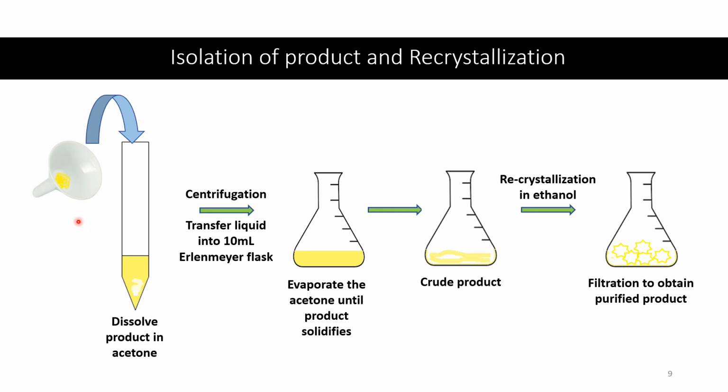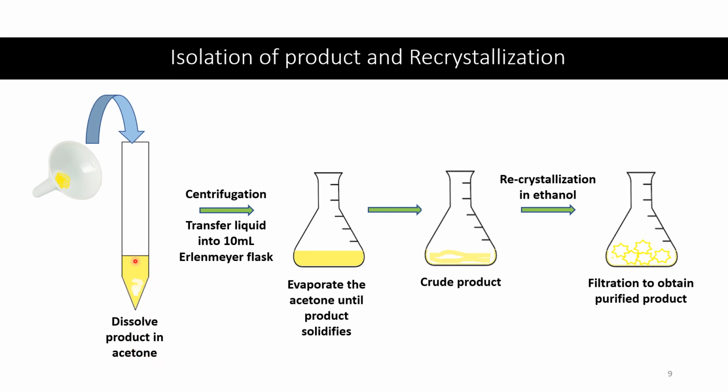There is a certain impurity, which is actually a catalytic compound that comes with trans-chalcone, that is mixed in the crude product. The first step in the isolation process is to remove that catalytic compound. We do that by transferring the crude product into a centrifuge tube and adding acetone to dissolve the product.